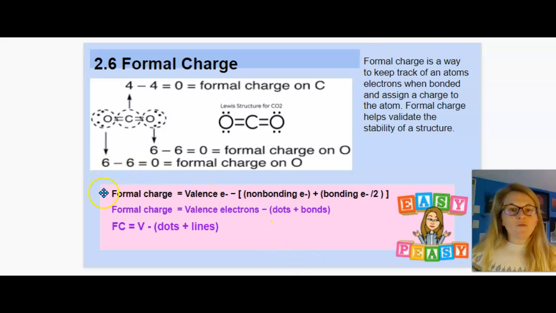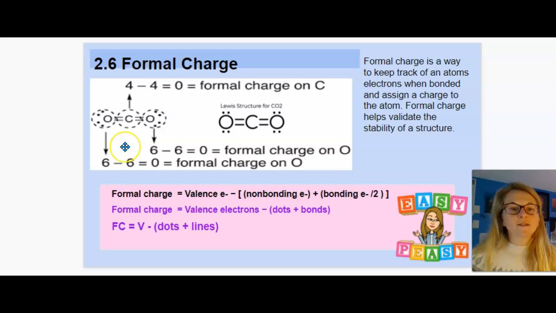So we see that formal equation up top there in black. But the easy way to think about this is to look at any one atom, take the valence electrons, and subtract the sum of the dots and the lines. That's the easiest way to think about it.